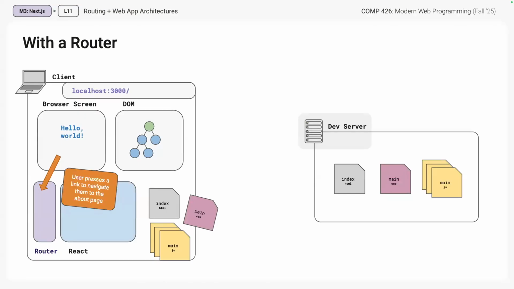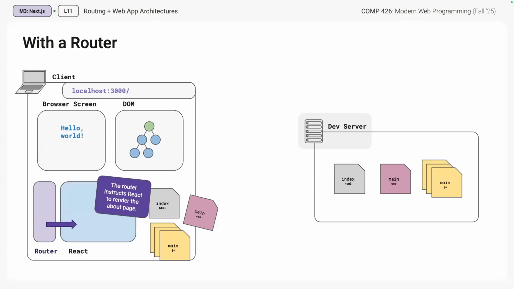So we press on the link, and then the router, instead of us making a new request for the index.html page, is simply going to instruct React to swap out the current component that is in the DOM. Because the idea here is that all of the components in our project, because all of it is TypeScript and all of it is ultimately in our JavaScript bundle, right?